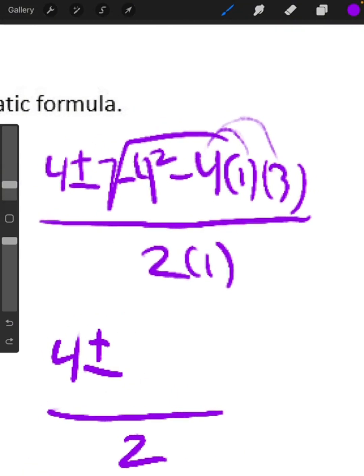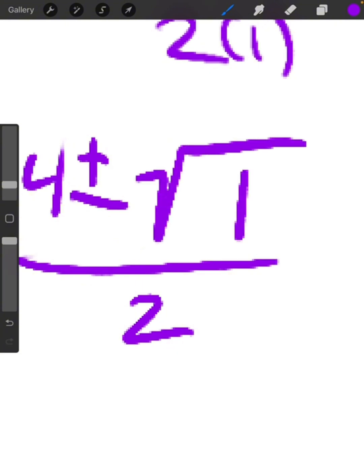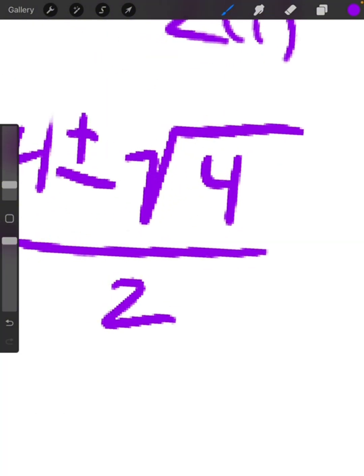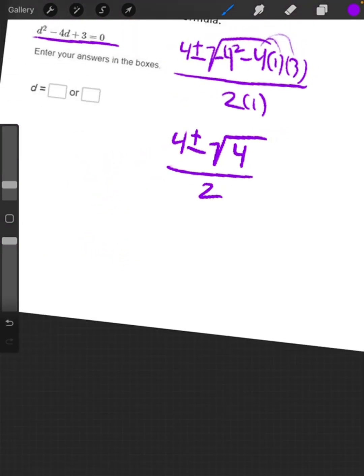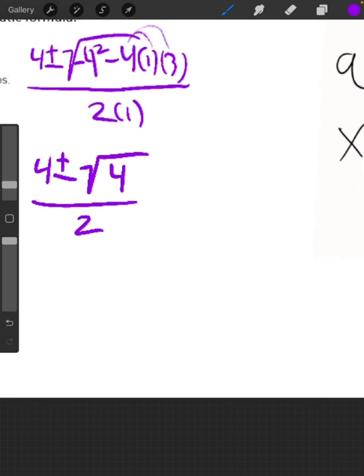And as we know, this part is 12. So 16 minus 12 would equal 4. So it's the square root of positive 4, not -4. Anyways, the square root of 4 is 2. So it'd be 4 plus or minus 2 over 2.